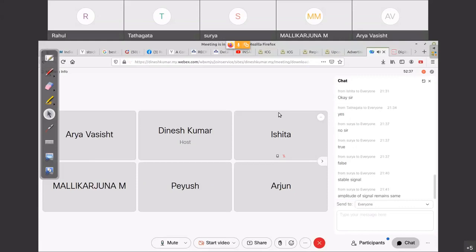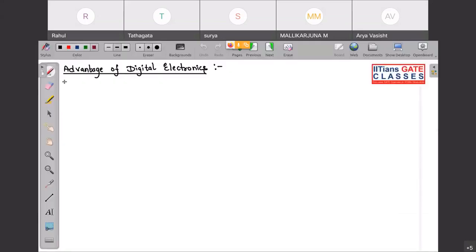Amplitude of signal remains same. It's not in that sense. You have given the answer correctly, but the explanation to that answer is a little bit incorrect. So first, as Surya said, stable signal.